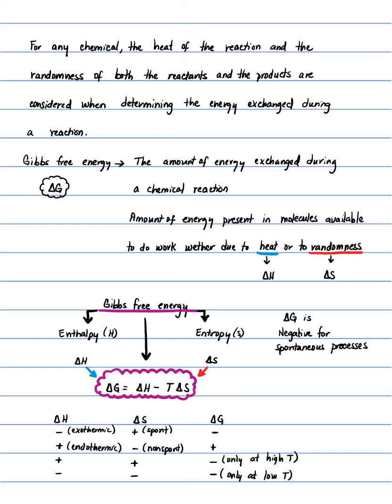Okay? So for the last two, the temperature is actually going to determine if you have a spontaneous process or not. And the easier way to look at this is with actual numbers. So we're going over some examples so you can see what this high temperature, low temperature represents.